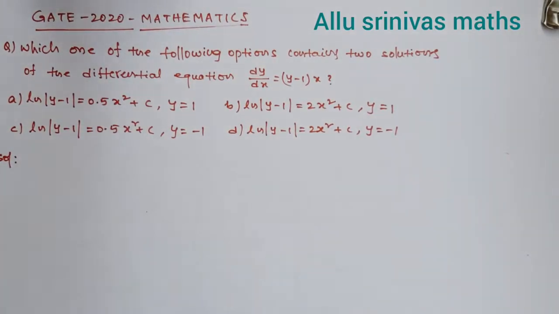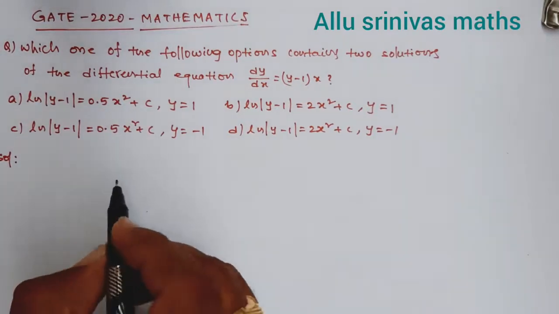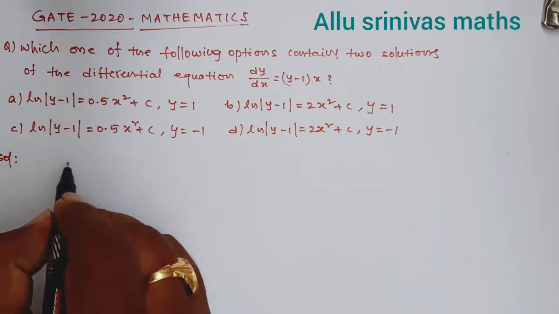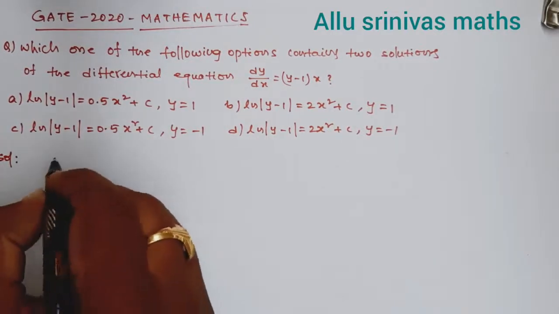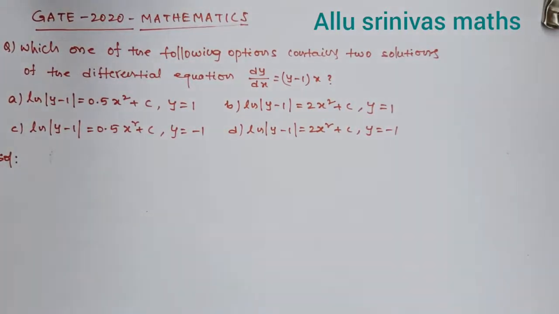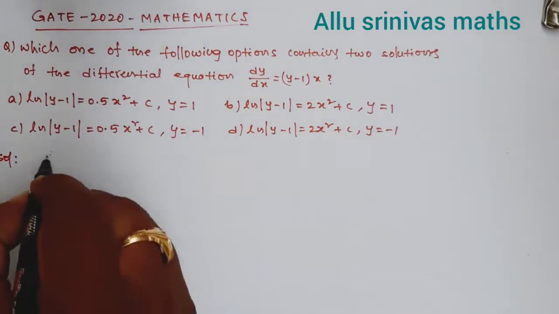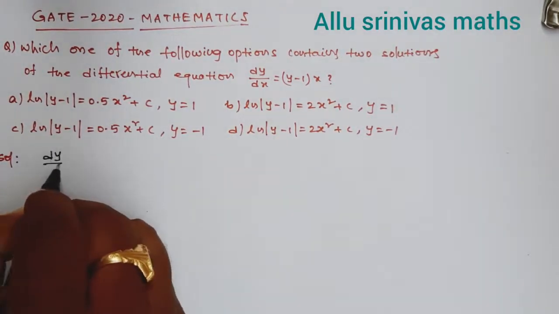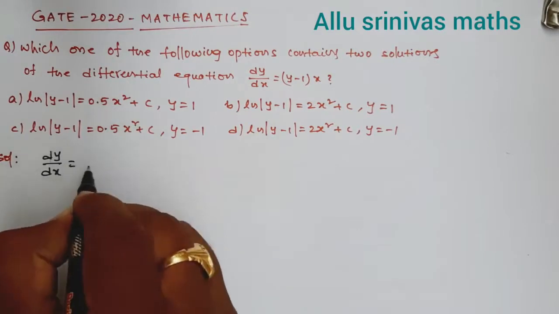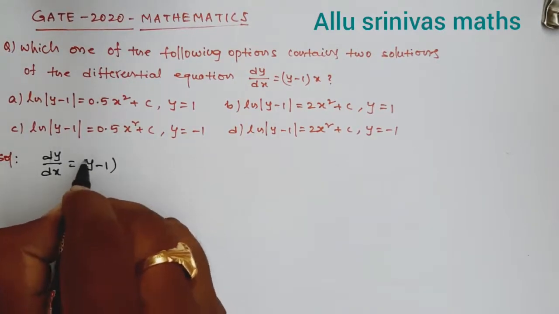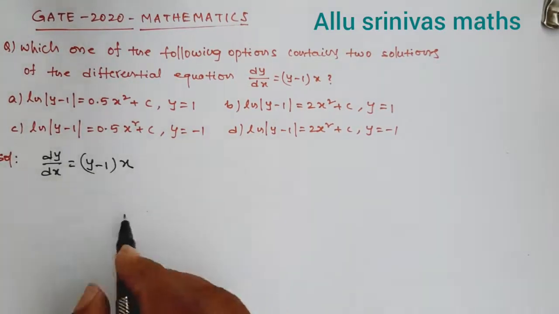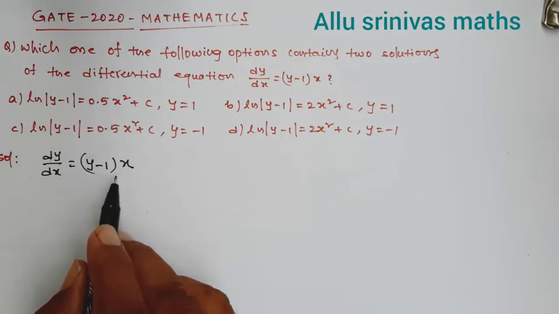First, we have to find one solution of the given differential equation. The given differential equation is dy/dx = (y - 1)x, which can be solved by variable separable.